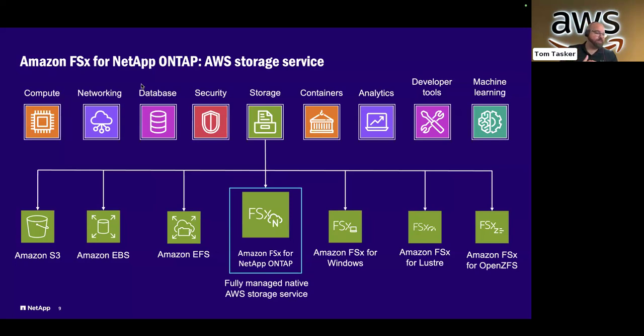So bar a few commands that you don't have direct access to because this is a managed service, and some of those commands wouldn't play well with having it as a managed service offering, you are essentially getting the ONTAP operating system with an AWS wrapper applied around it and then made available to consume.